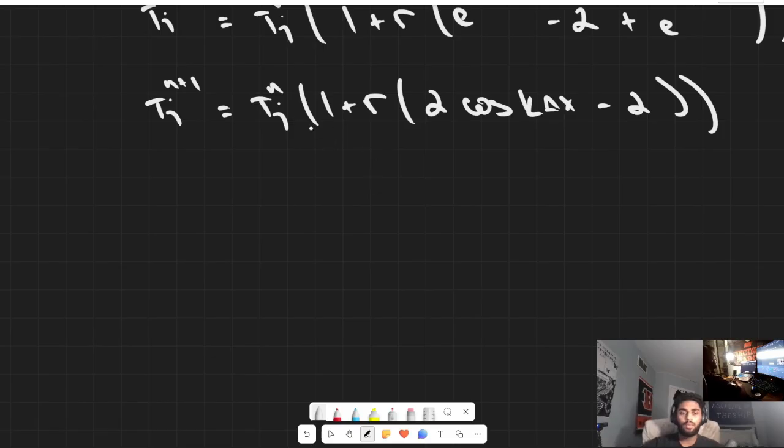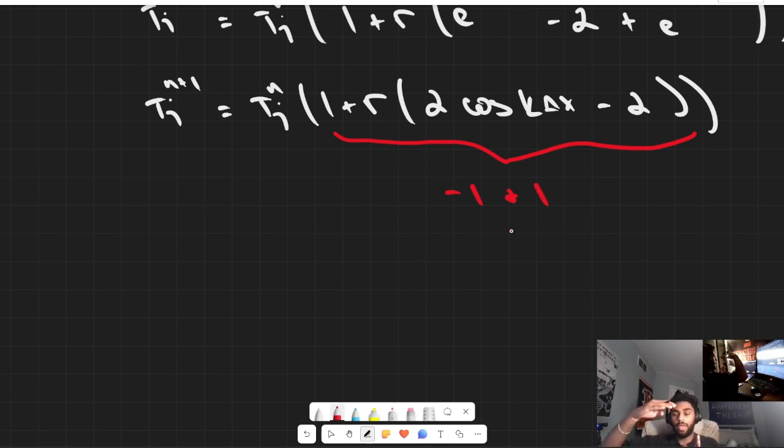And what we end up wanting to have is we want to bound this function. I'm going to use a different color actually. I want to bound this function between minus 1 and 1. So either we have an amplitude that overall decreases or an amplitude that overall increases to a certain bound.